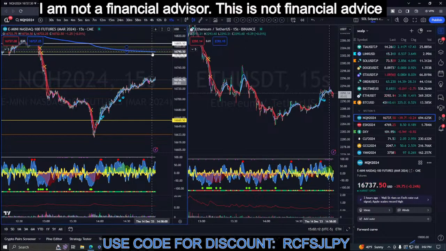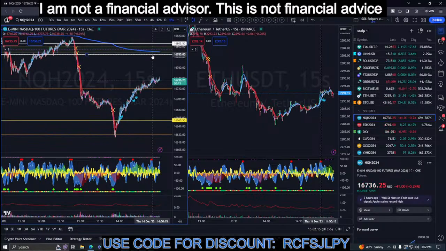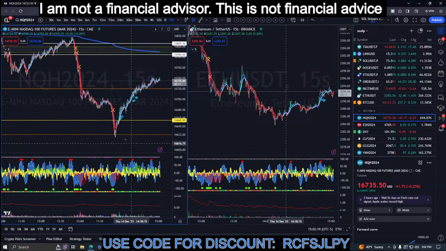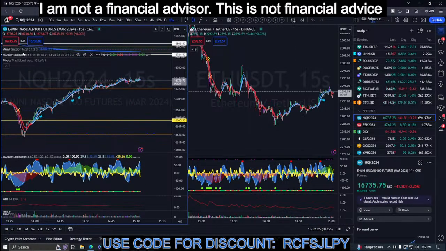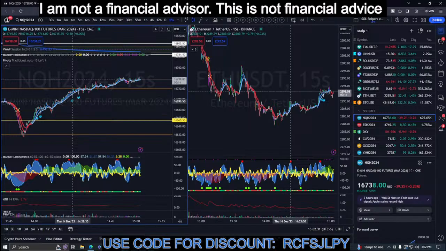This is VWAP, the blue line up here. So going to zoom out. One of my edges here is these two EMAs I have built into an indicator called Market Liberator. Believe it or not, I still use this, and I customized it. It's nice to see these little symbols sometimes. Those signify whales buying in. Sometimes it helps.